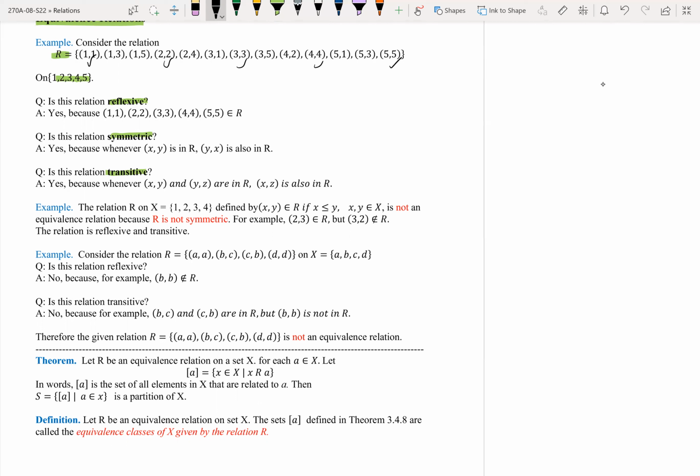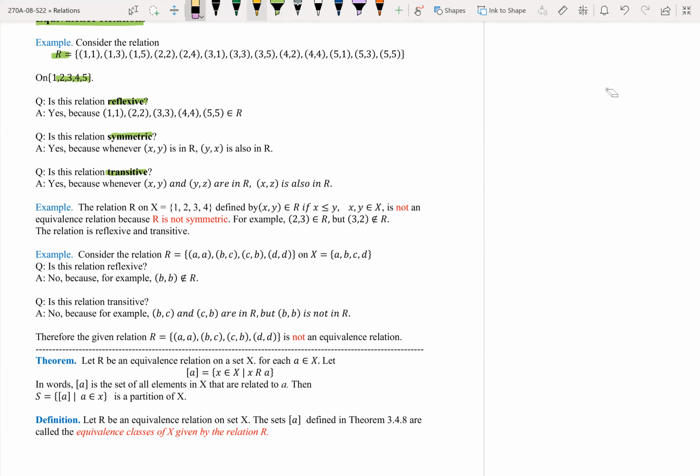And then for symmetric, if 1 is related to 3, 3 is also related to 1. If 1 is related to 5, 5 is also related to 1. If 2 is related to 4, 4 is also related to 2. What else is left? If 3 is related to 5, 5 is related to 3. So this is symmetric, okay?